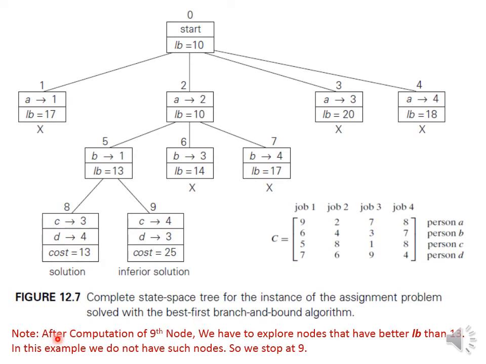So please note, as I explained, after the computation of the 9th node, we have to explore the nodes that have a better lower bound than 13. In this example, we do not have any such nodes, so we stop exploring after node number 9. The optimal solution for us is node number 8.